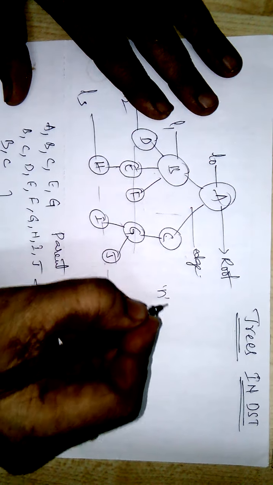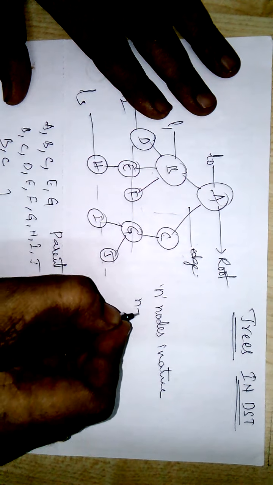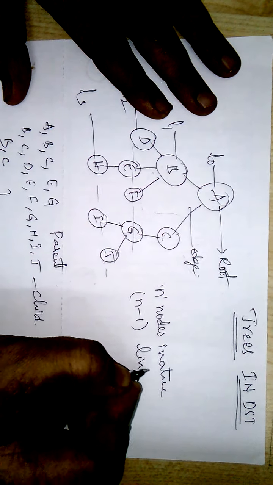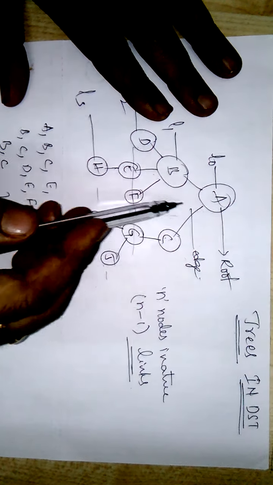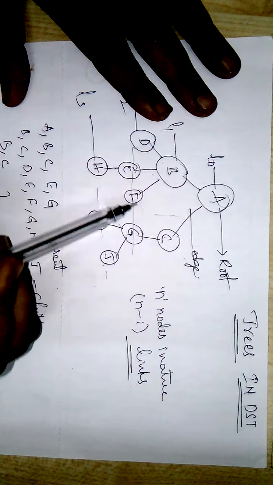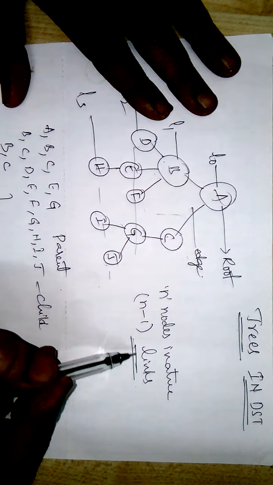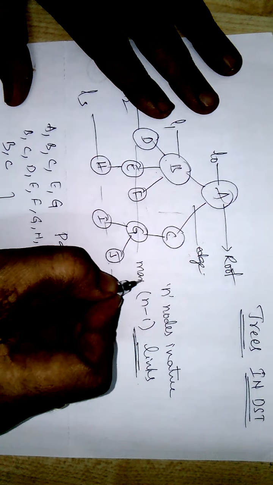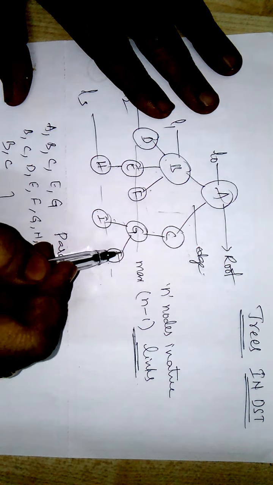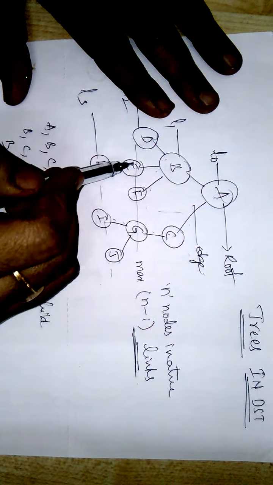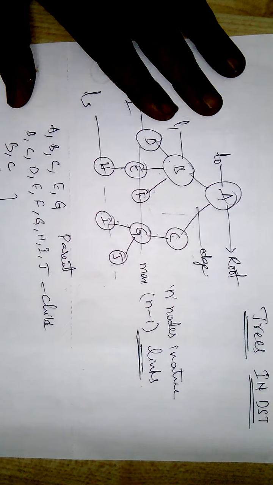If there are n nodes in a tree, there may be a maximum of n minus 1 links between the nodes. Here the nodes are 1, 2, 3, 4, 5, 6, 7, 8, 9, 10: ten nodes. So it has a maximum of n minus 1 links: 1, 2, 3, 4, 5, 6, 7, 8, 9. Ten elements and 9 links.